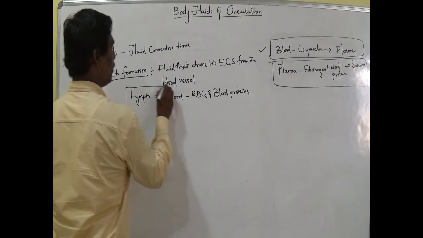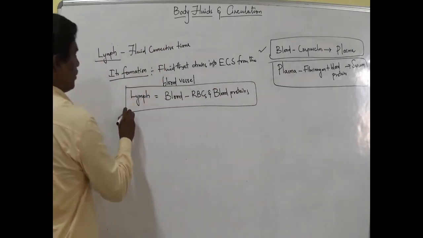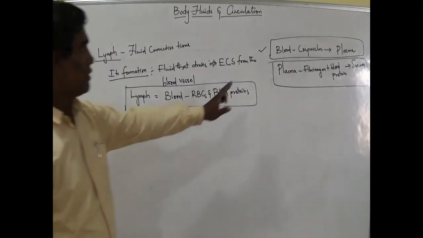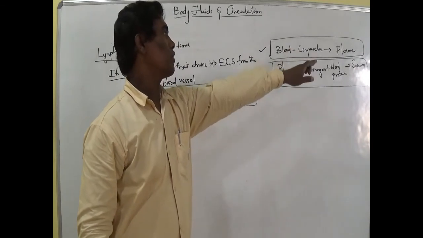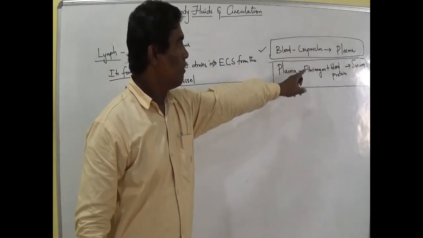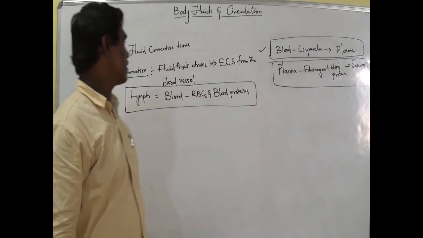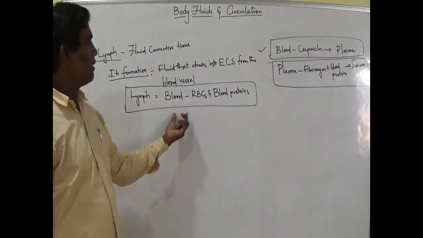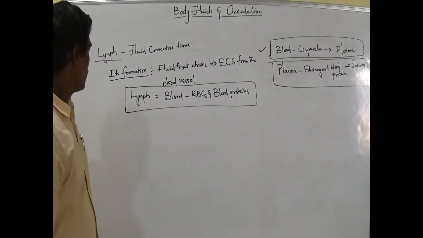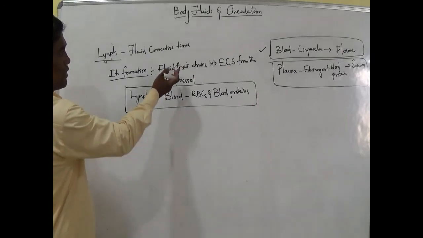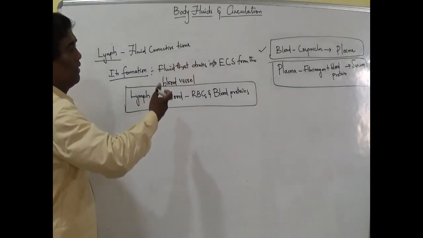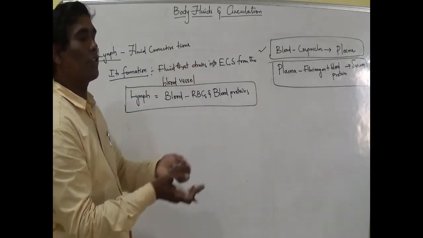So each of these statements is different. Blood minus corpuscles is called plasma, plasma minus fibrinogen and blood proteins is called serum, whereas lymph is blood minus RBCs and blood proteins. As I said, it is a fluid that drains into the extracellular space from the blood vessels.